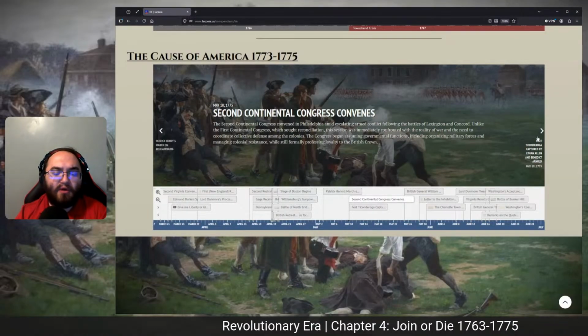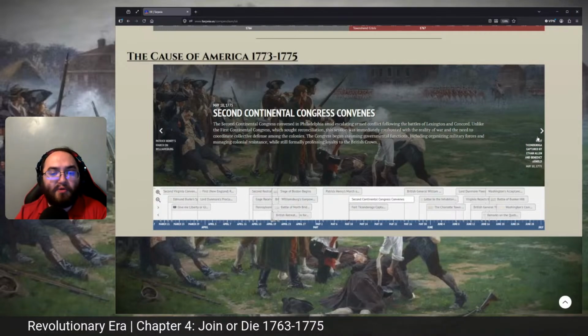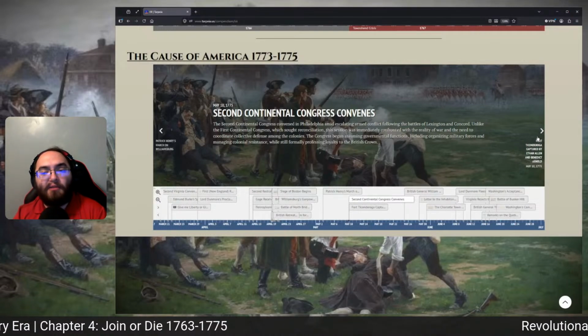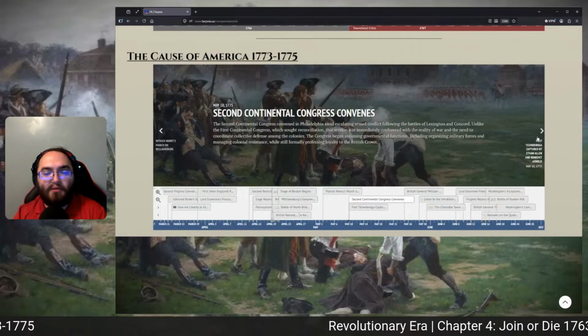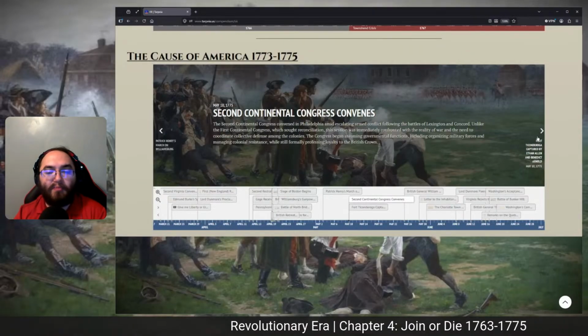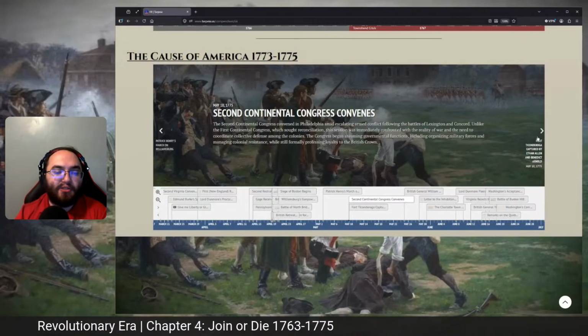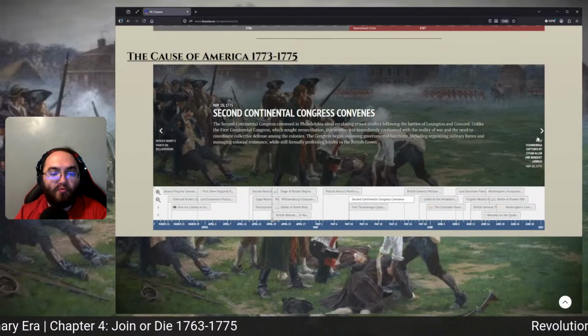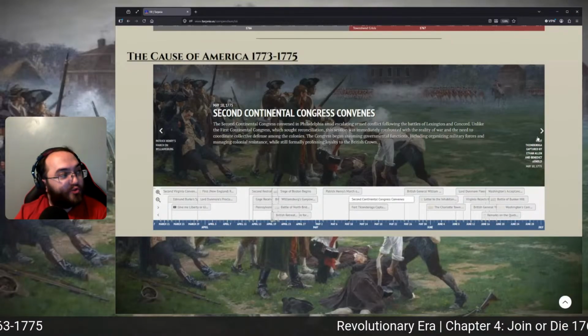Unlike the First Continental Congress, which sought reconciliation, this session was immediately confronted with the reality of war and the need to coordinate collective defense among the colonies. The Congress began assuming governmental functions, including organizing military forces and managing colonial resistance, while still formally professing loyalty to the British Crown.